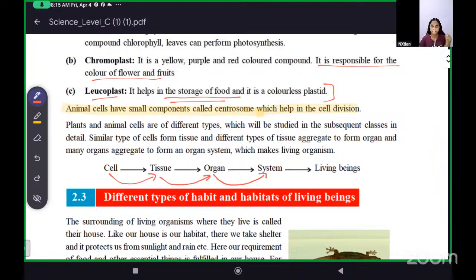These systems together form living beings. This is how from cell human beings are formed.